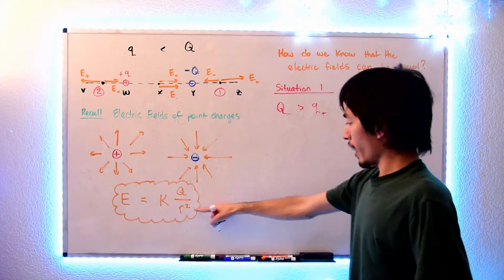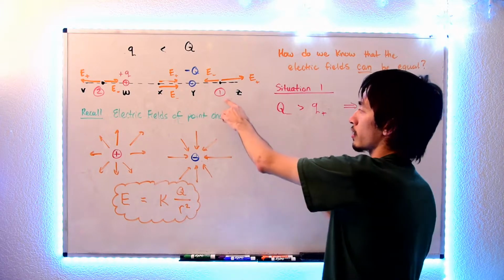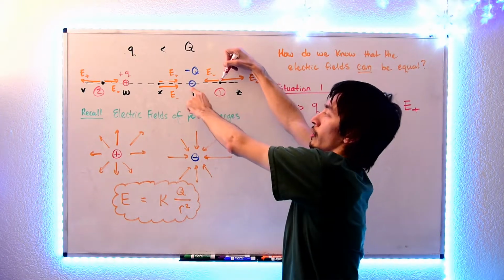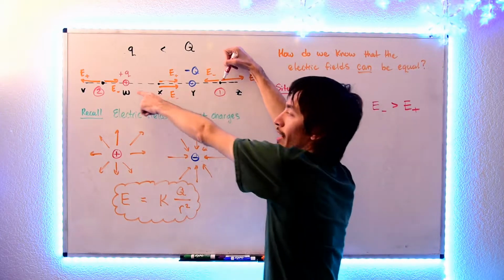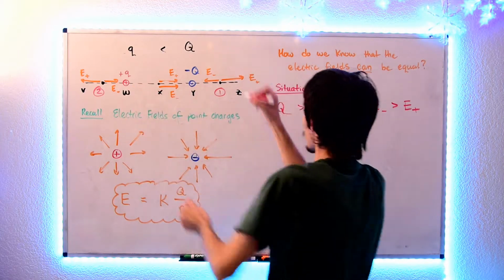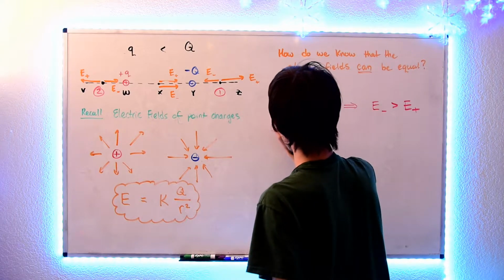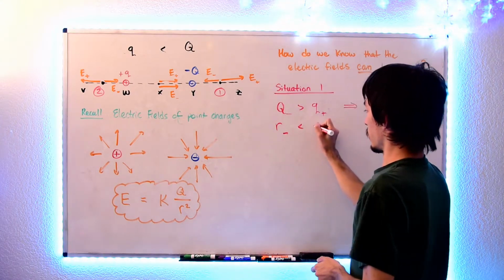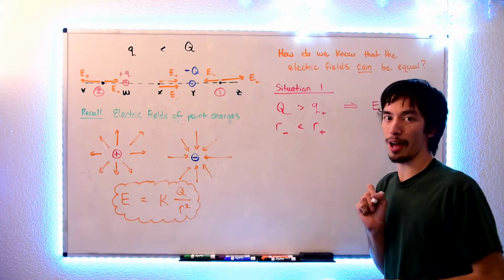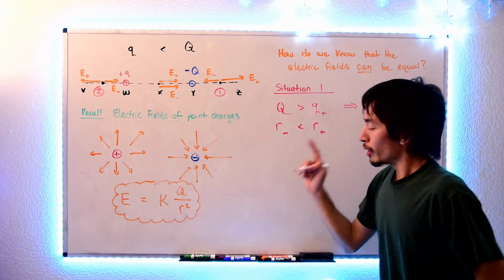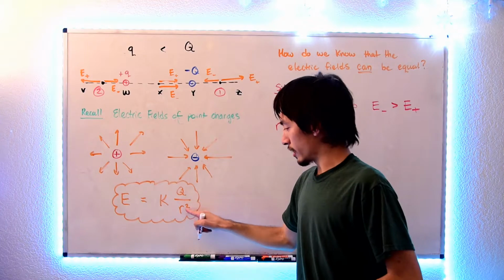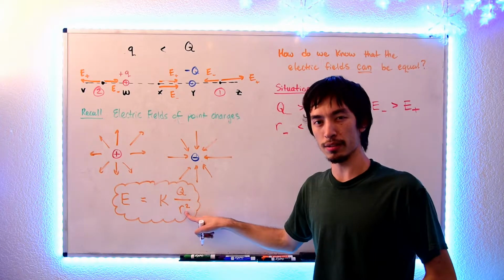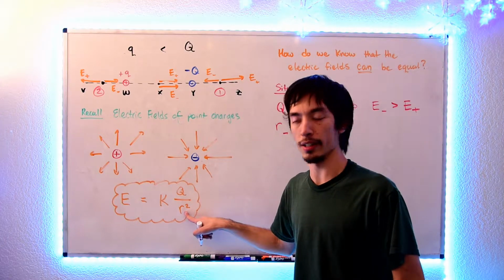So when we ask about the distance, well, let's look at situation 1. This point is closer to the negative charge than it is to the positive charge. So what I'm going to write is the distance r for the negative charge is smaller than the distance of the positive charge, like that. But we said that the distance has the opposite effect. So the smaller it is, the larger the electric field is.